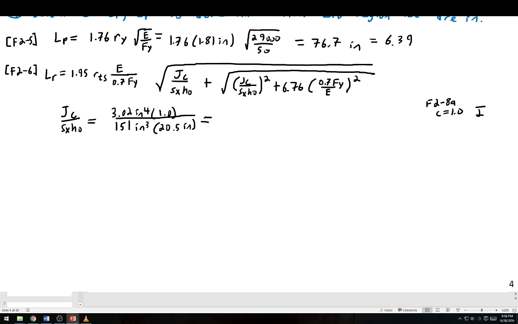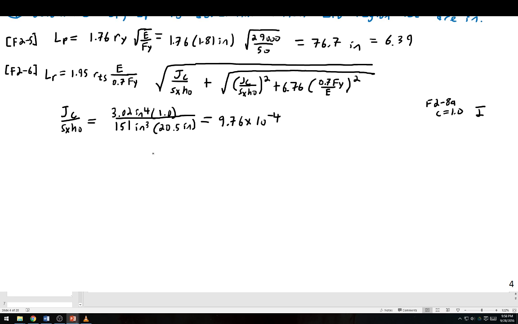And if you throw all that in the calculator, this entire ratio will come to 9.76 times 10 to the negative 4. I'm not even going to try to get this whole thing all at once. That's just too messy.